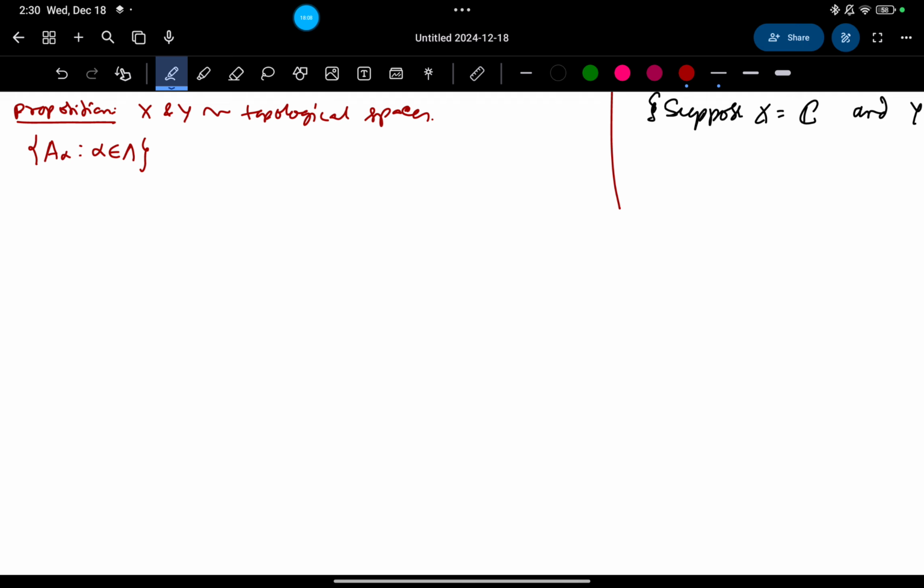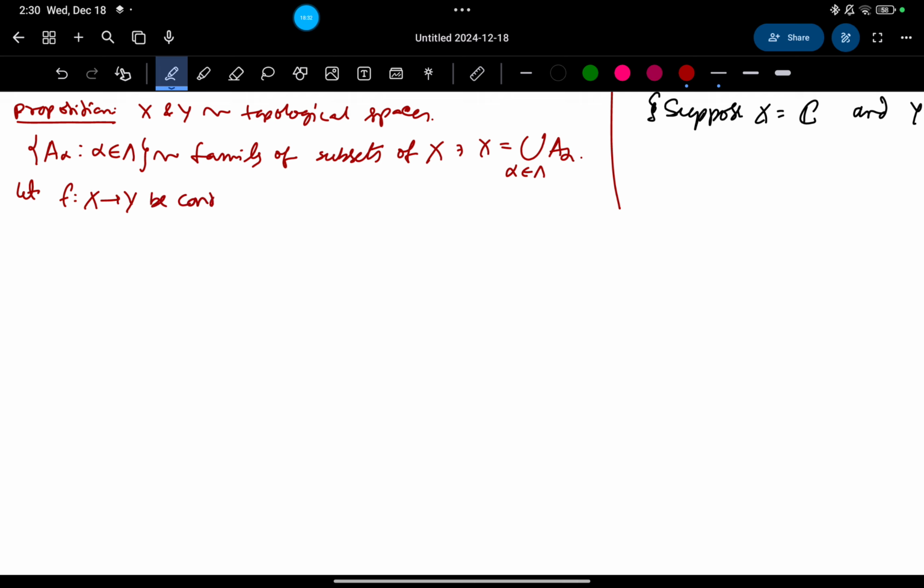This is a family of subsets of X such that X equals the union over alpha belonging to Gamma of A alpha. Then let f be a mapping from X to Y, such that f restricted to A alpha, a mapping from A alpha to Y, is continuous.